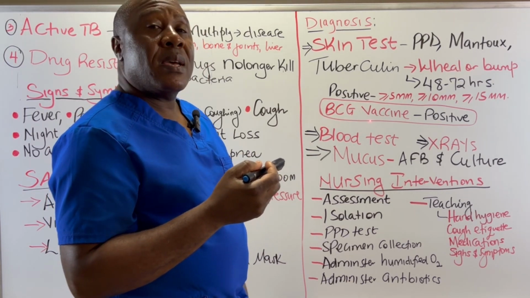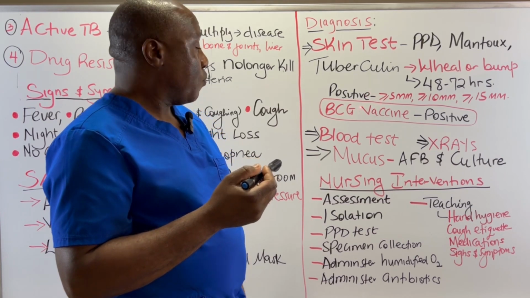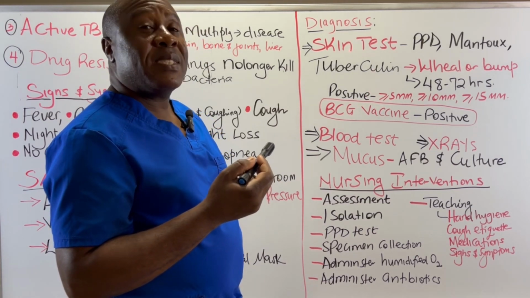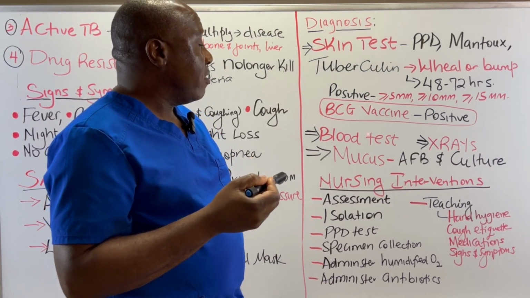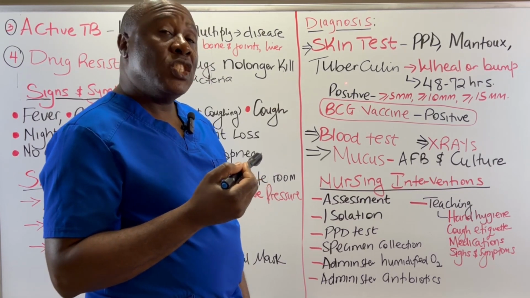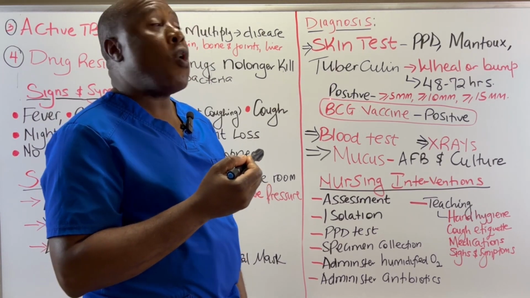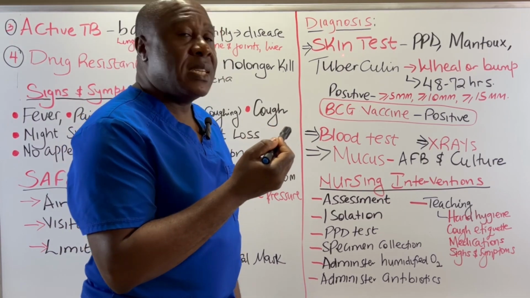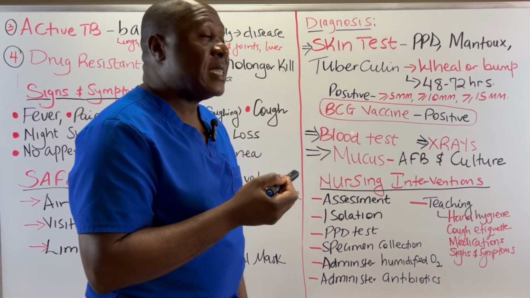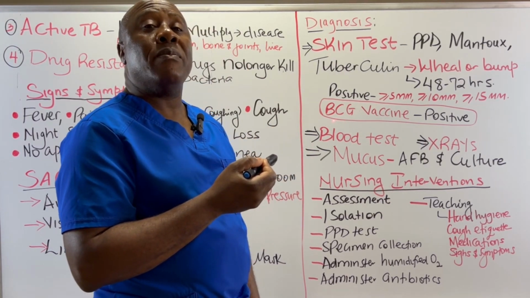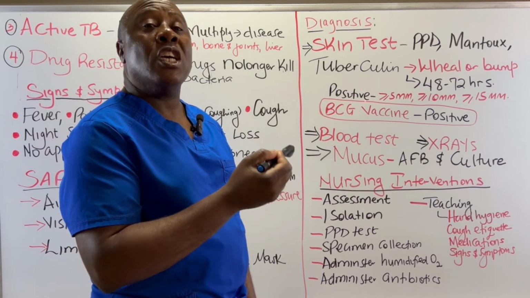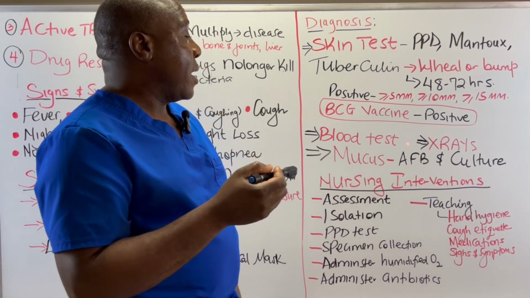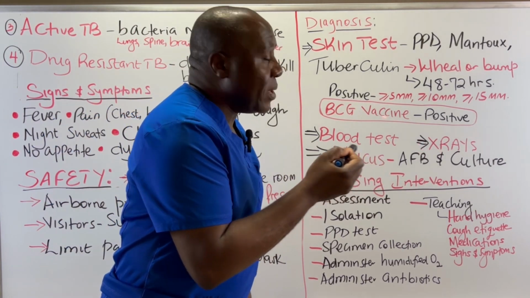But let me make this clear: a positive skin test or a positive blood test does not diagnose TB. On their own, positive skin tests and positive blood tests do not diagnose TB. More tests have to be done to confirm TB. And that's when X-rays come in.